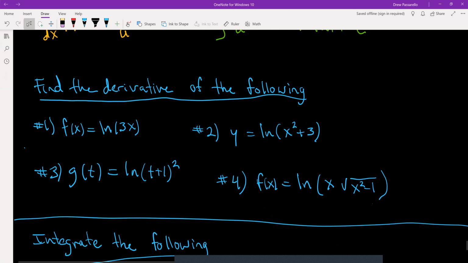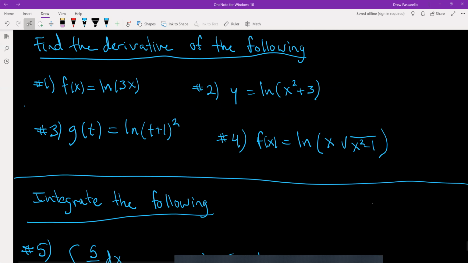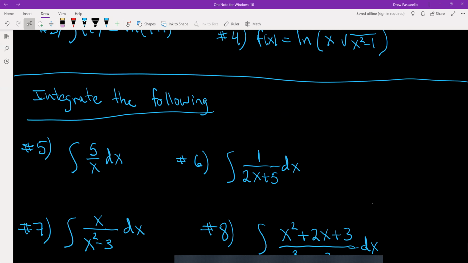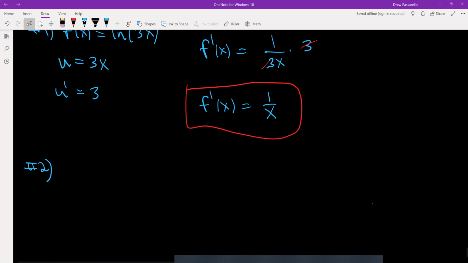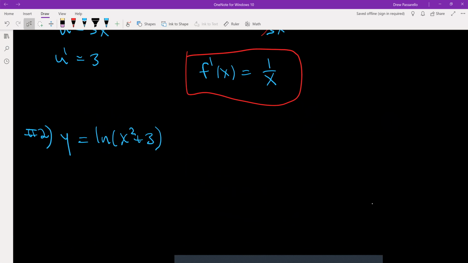Number 2, y equals the natural log of x squared plus 3. So in this case, u is the x squared plus 3. So u prime, the derivative of x squared, that's going to be 2x, and then 3 goes away because that's a constant, so u prime is 2x.